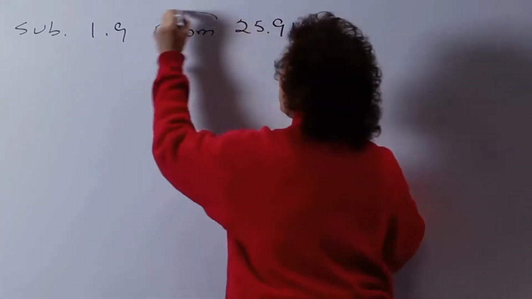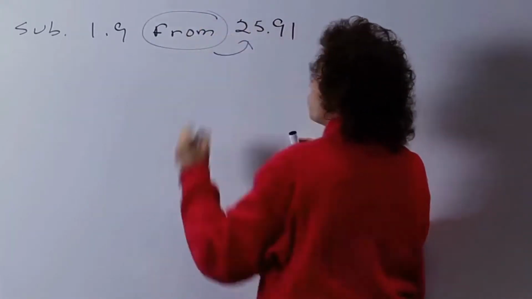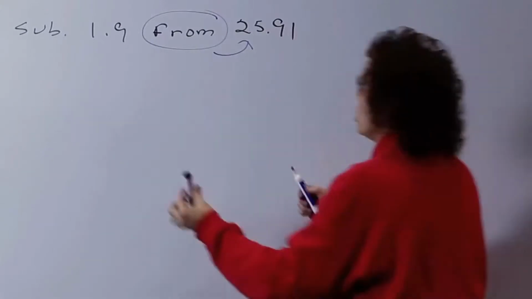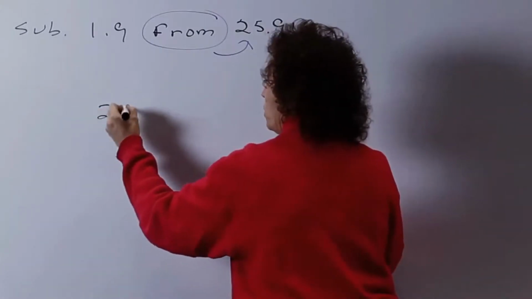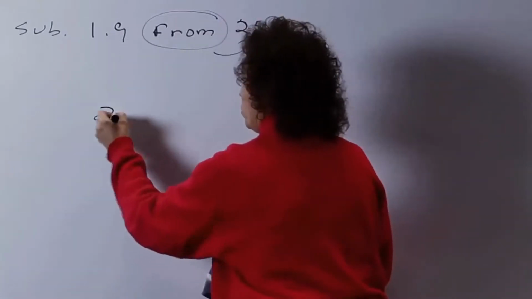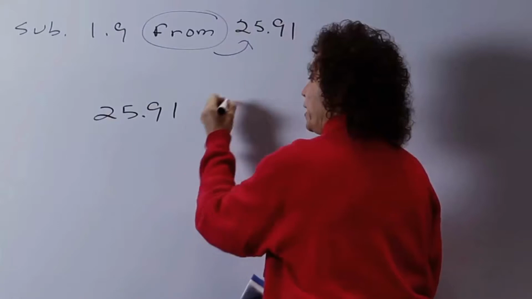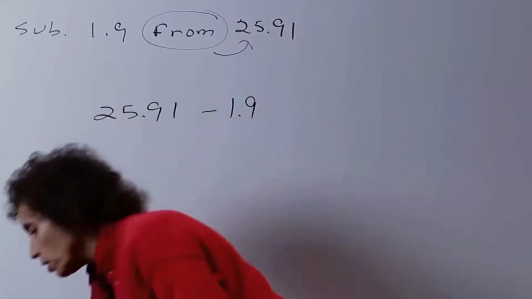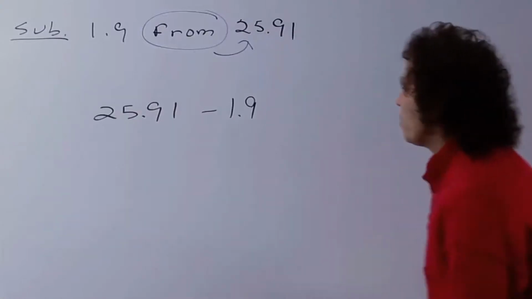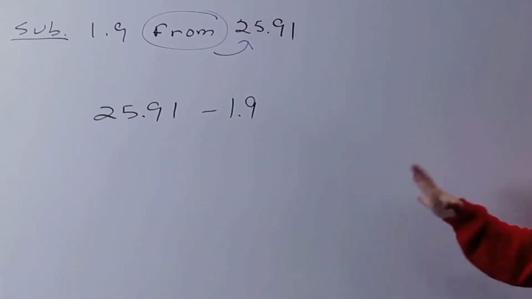Remember, whatever comes after the word from goes first. It kind of moves the order around. So we have 25.91. Put my decimal. 25.91 minus 1.9. Okay, of course, subtract. We knew that.